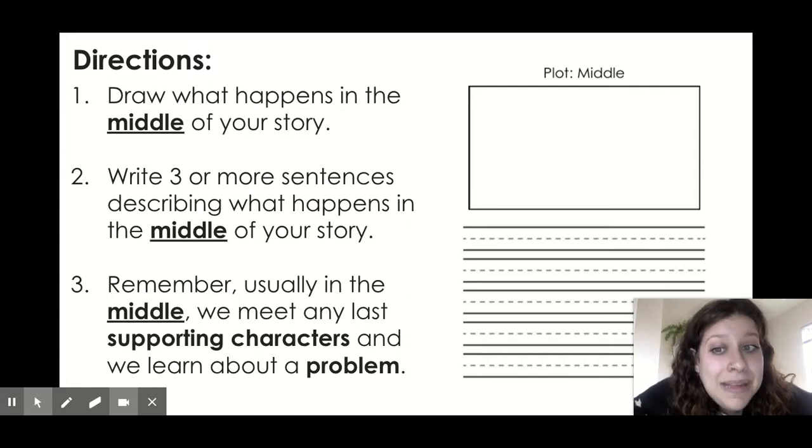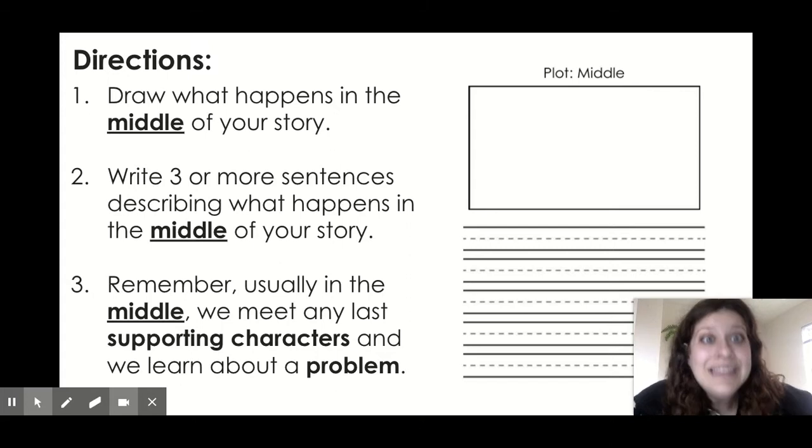Remember, usually in the middle, we meet any last supporting characters if they haven't been introduced yet, and we learn about the problem. So if you haven't talked about your problem yet, here is where you are going to do that in the middle of the story.